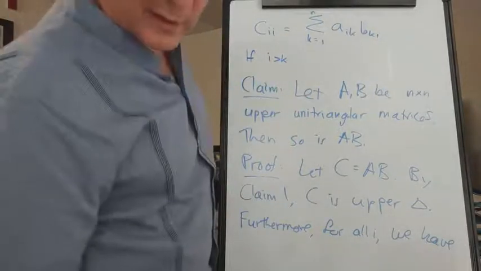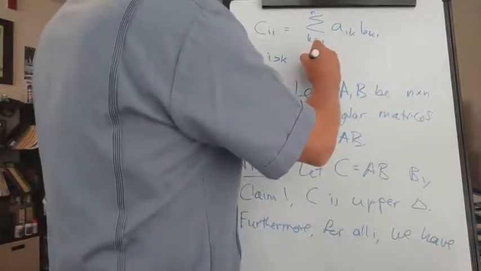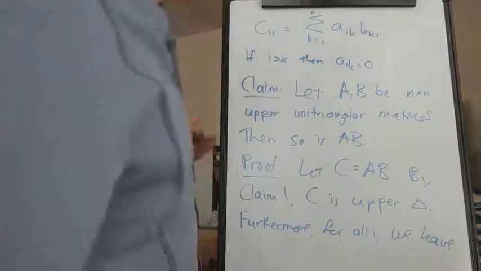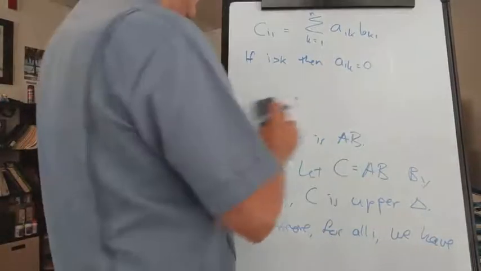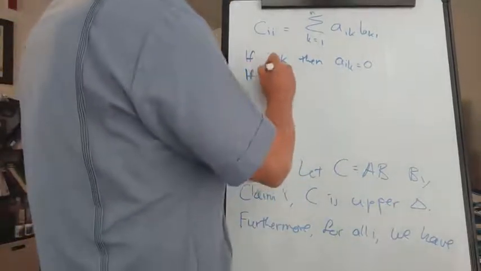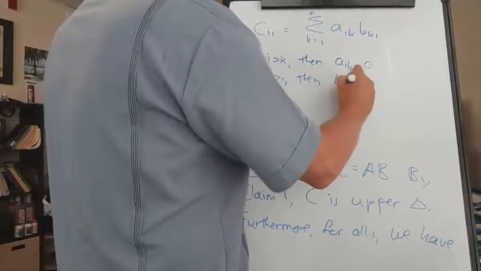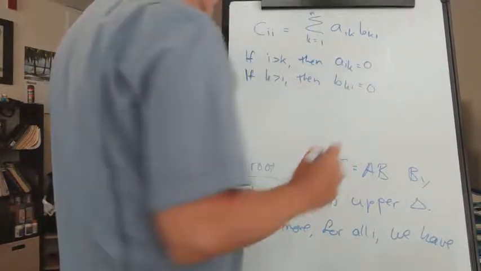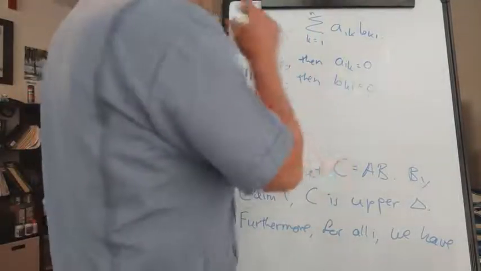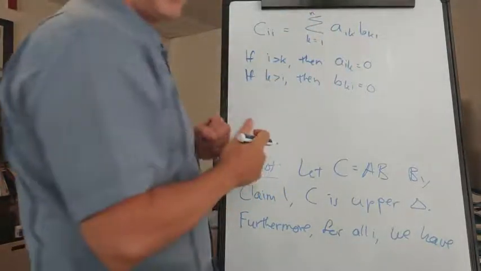Now if i is greater than k, then a_ik equals 0. And if k is greater than i, then b_ki equals 0. So that means that almost all of these terms are going to end up being 0.